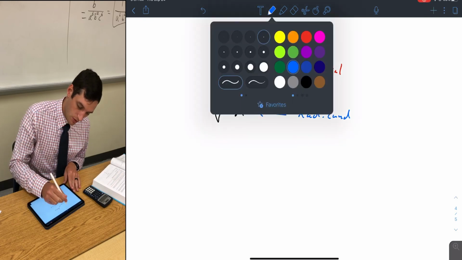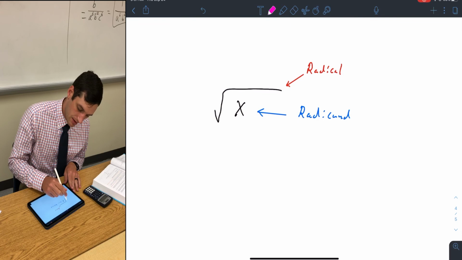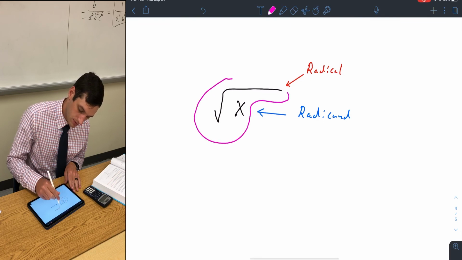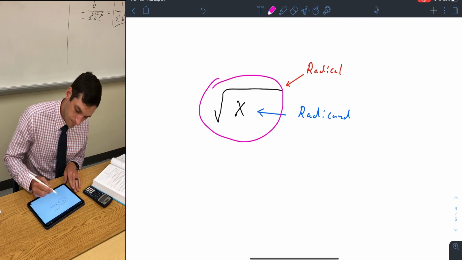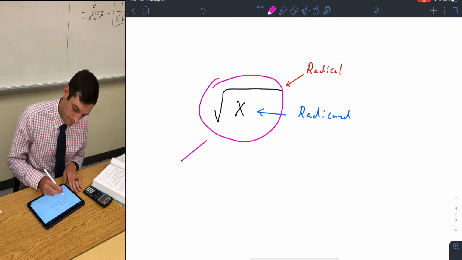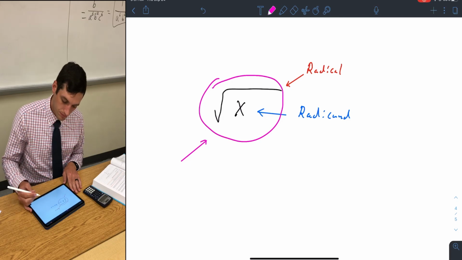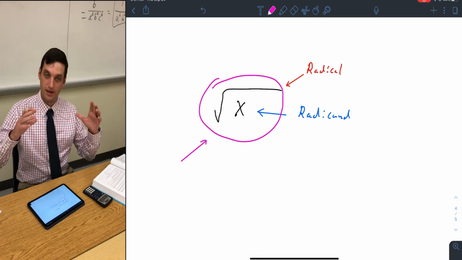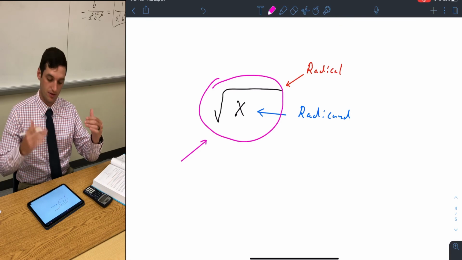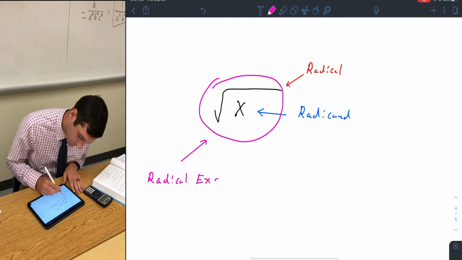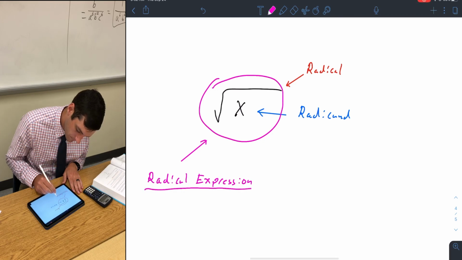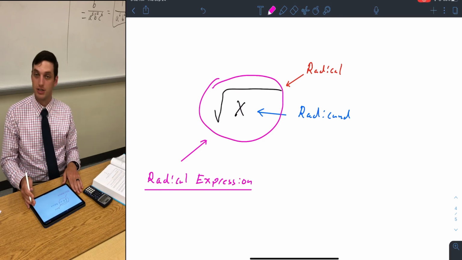And then the overall thing, the entirety of everything, so the radical and the radicand, is called the radical expression.